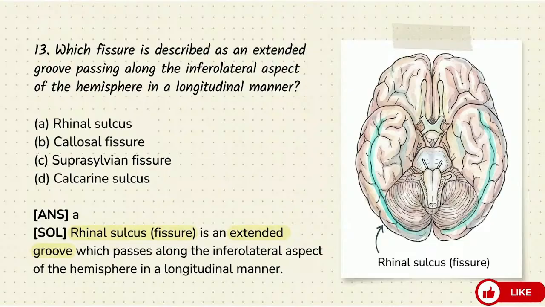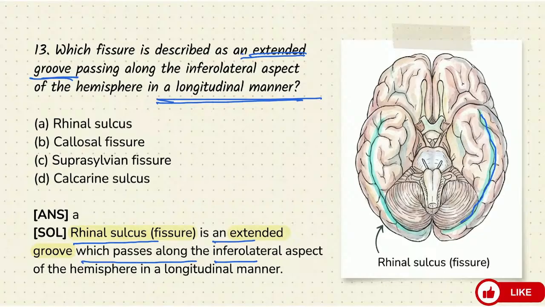Which fissure is described as an extended groove passing along the inferolateral aspect of the hemisphere in a longitudinal manner? Also a very important question. It means this one. This is the rhinal sulcus or fissure, an extended groove which passes along the inferior and lateral aspect in a longitudinal manner.